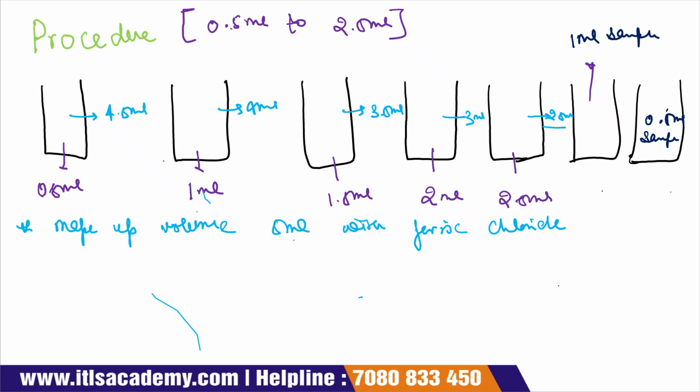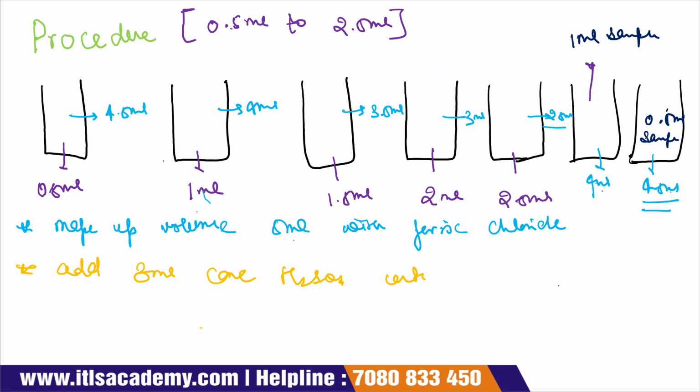In the sixth test tube you add 4 ml and 4.5 ml in the last test tube. Then after that, add 3 ml concentrated sulfuric acid into each test tube.